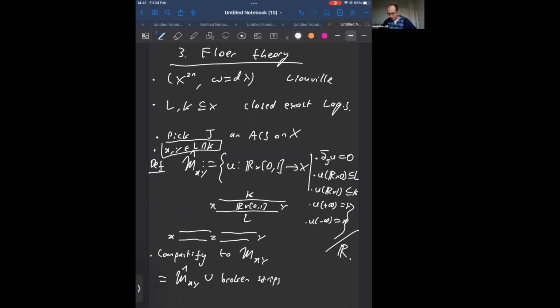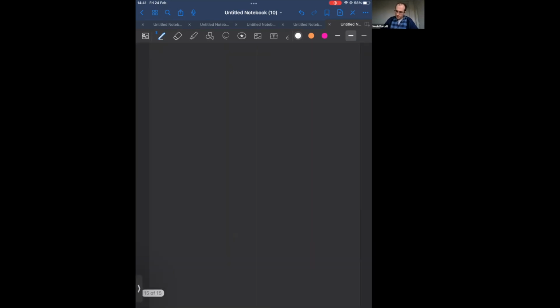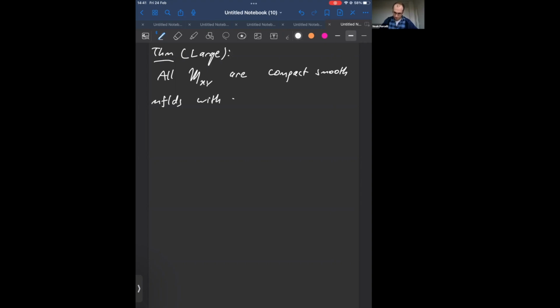It's been known for a while that these uncompactified moduli spaces are always, or at least generically, smooth. But more recently, Tim Large proved that these compactified moduli spaces are also smooth. So they're compact smooth manifolds with corners. We can also describe the boundary strata.